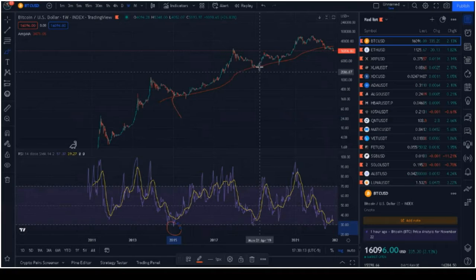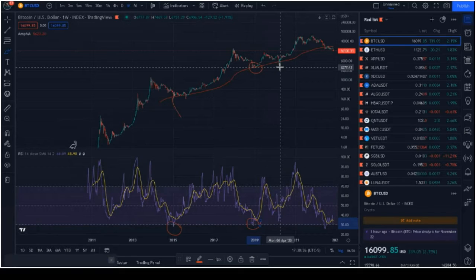As you can see, same idea. The relative strength index is doing the same thing that the 200-week moving average is. And then the next move is blowing up to the overbought territory. Sorry, I get confused with the terminology of these because I'm learning just like you guys.